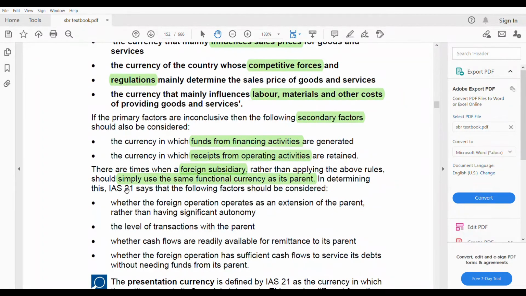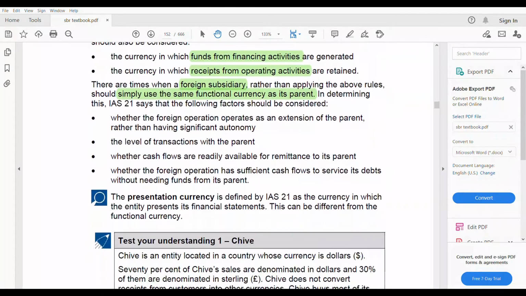In determining this, IAS 21 says that the following factors should be considered. These factors you have to know, because you have to write them in your answer. What are the four factors? It's not that all the time you have to write all four factors. No, it's not like that. You have to see in the case study which factor they are talking about. Are they talking about the level of transactions with the parent?